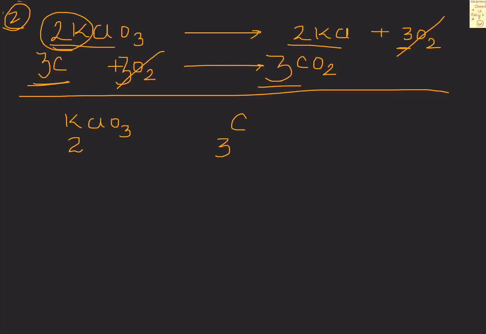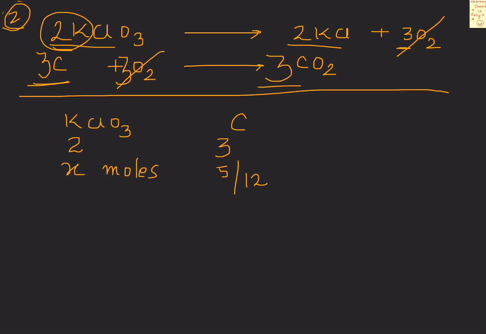Now, the amount of carbon or coke that has been given to us is 5 grams, right? So, first of all, we will convert that grams into number of moles that we have already done earlier. 5 by 12 will give me how many moles of potassium chlorate. Very good.